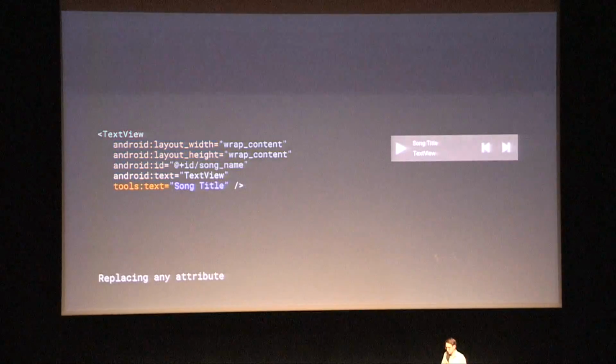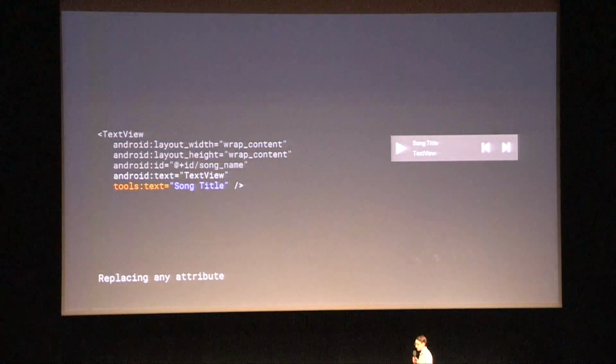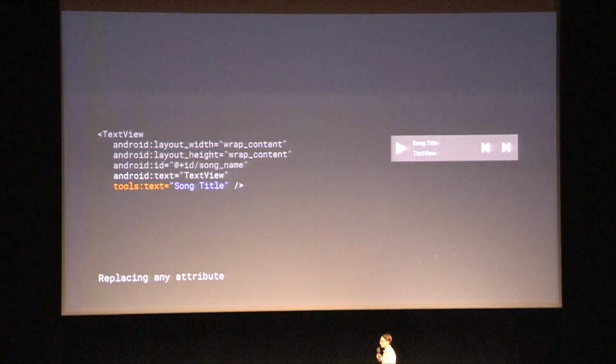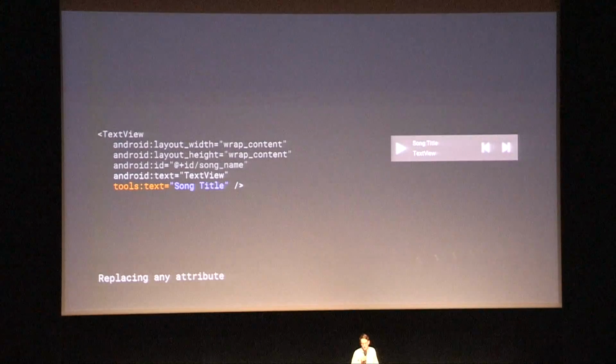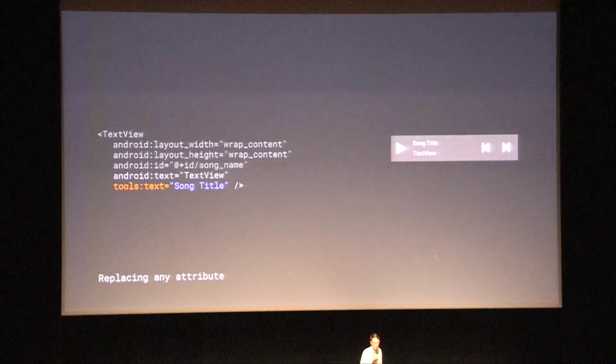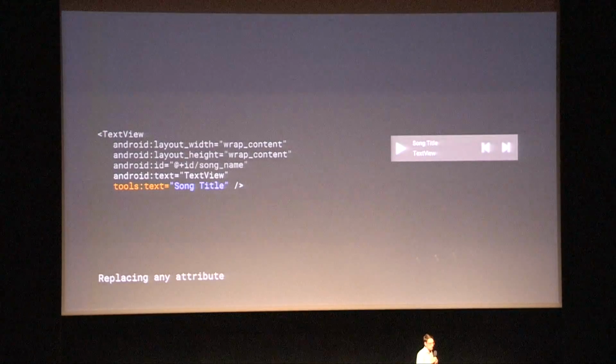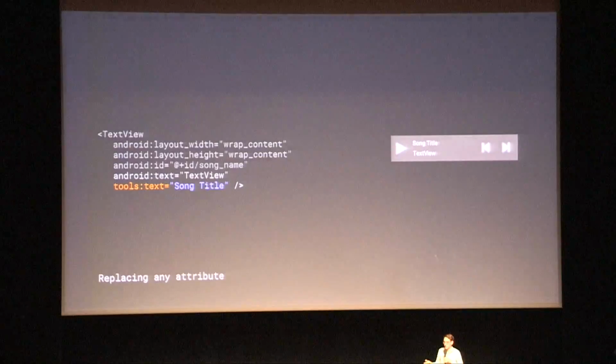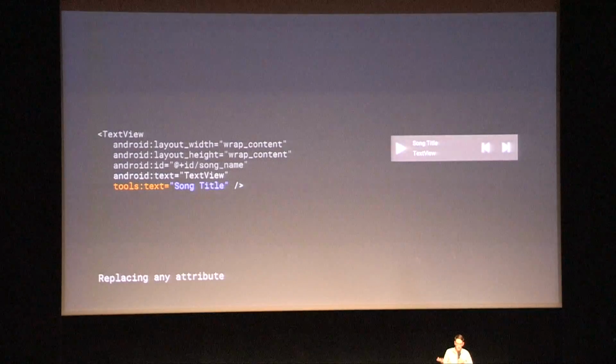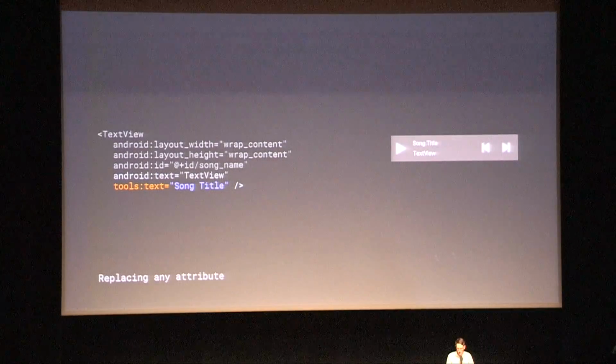So what you can simply do is use tools:text instead of android:text in your text view, and you now see that in the layout editor, your text view will have the text song title, but that attribute will be stripped at compilation, so when you're running it, that will have no impact.